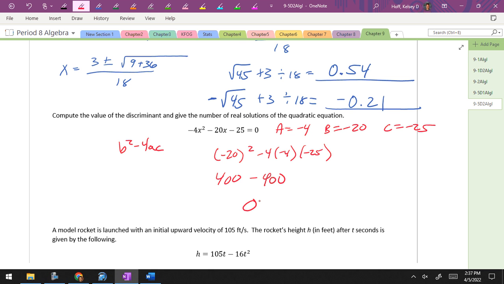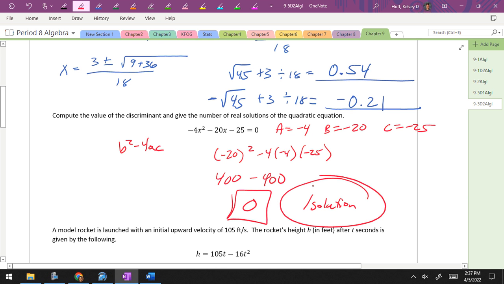What'd you get? I got 0 as my value, so then how many solutions do I have? 1 solution. Don't let that trick you. 0 is actually 1 solution.